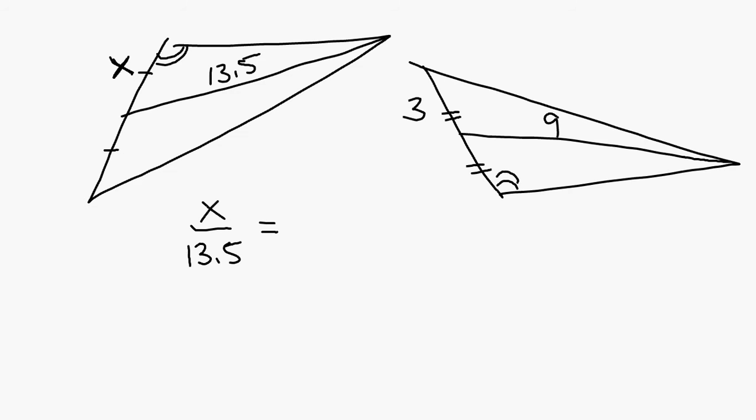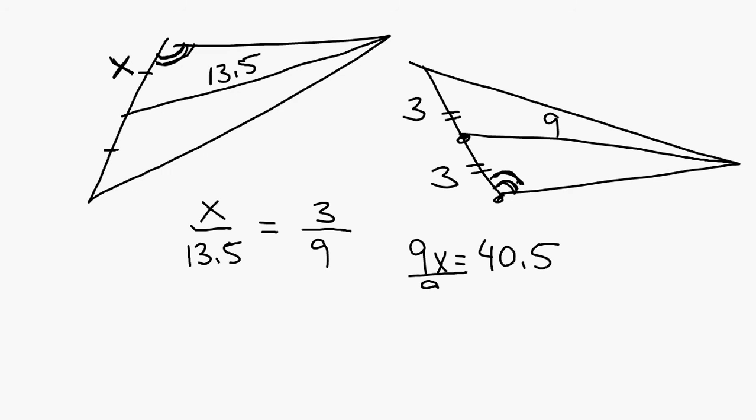But down here, you don't have anything next to the two arc marks, do you? But what is that piece equal to? 3. It's equal to 3 because they're congruent. Okay, so if we went piece created over median, we got to go piece created over median. All right? So we got 9x equals 40.5. Divide by 9. X equals 4.5.